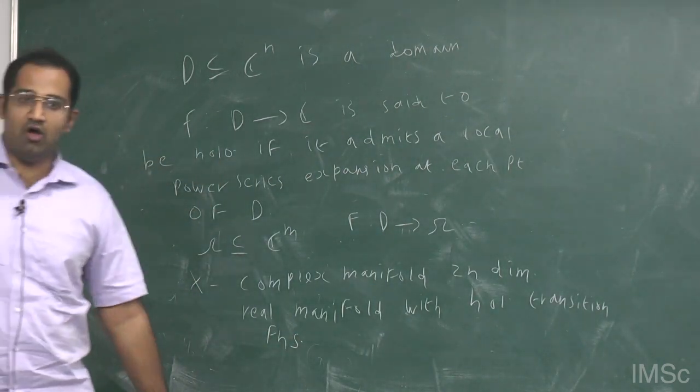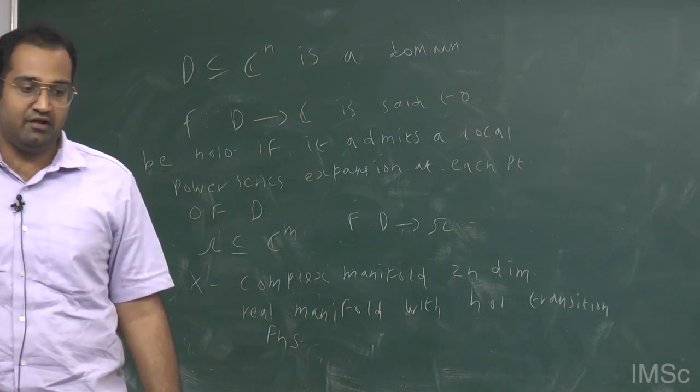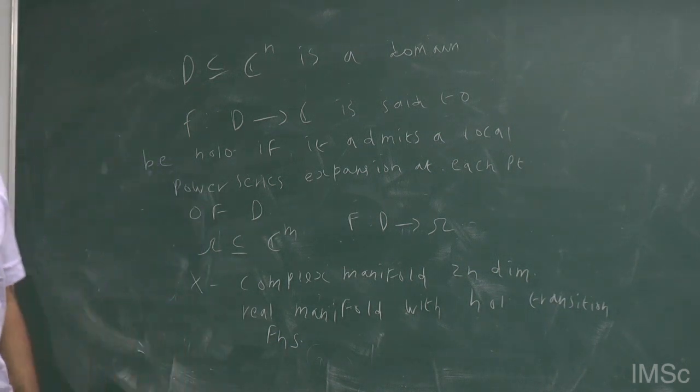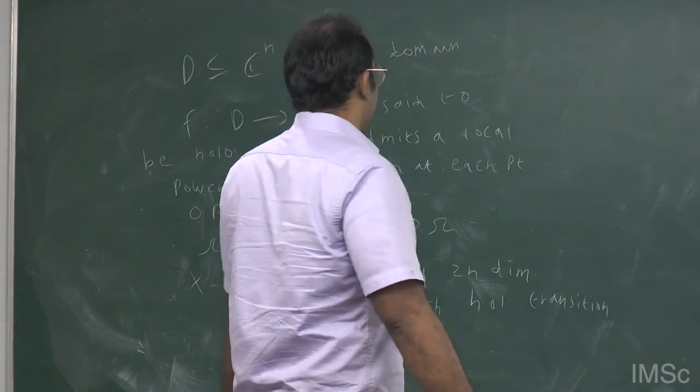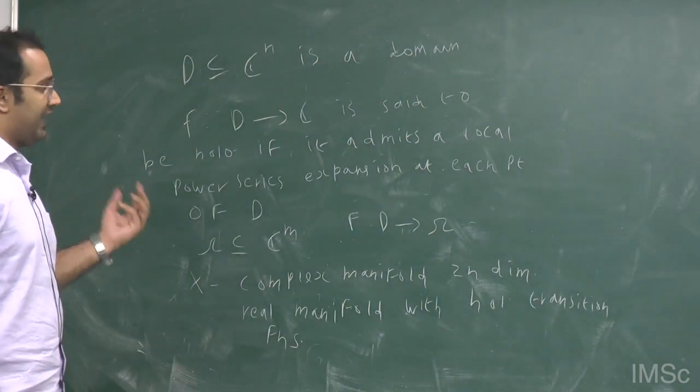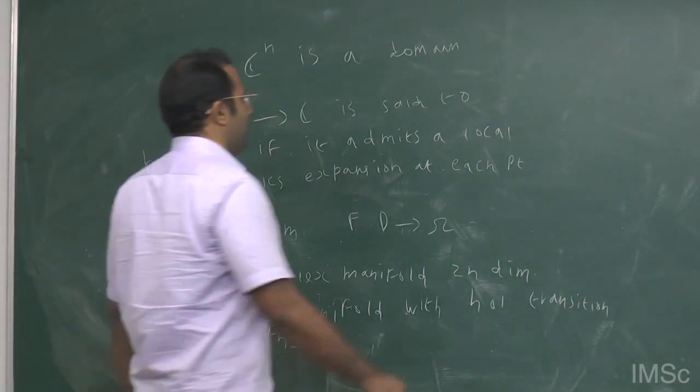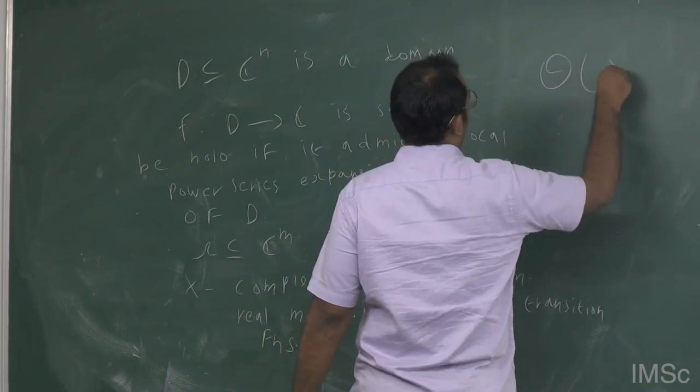Throughout this talk, all complex manifolds I consider will be connected. The space of holomorphic mappings from a complex manifold X to a complex manifold Y will be denoted O(X,Y).